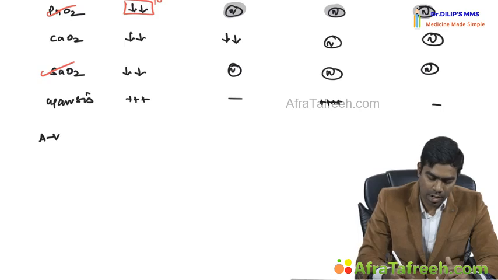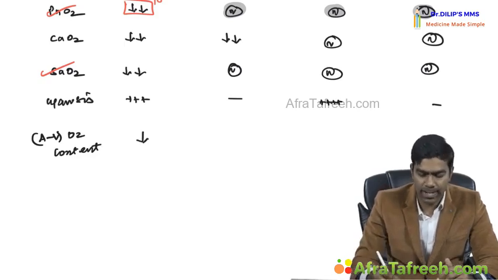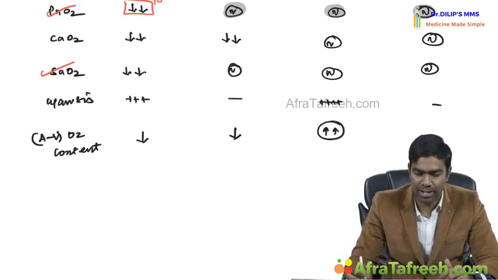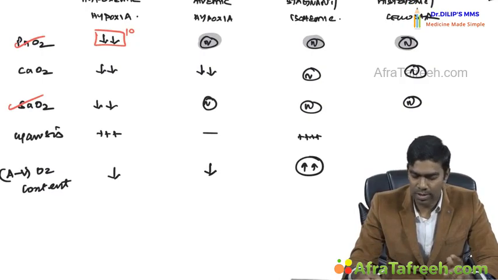And here something called the arteriovenous O2 content difference. Typically it will be decreased in hypoxemic hypoxia, again decreased in anemic hypoxia, tends to actually be increased in stagnant hypoxia, and again decreased in histotoxic hypoxia. The extraction is going to be poor in these cases.